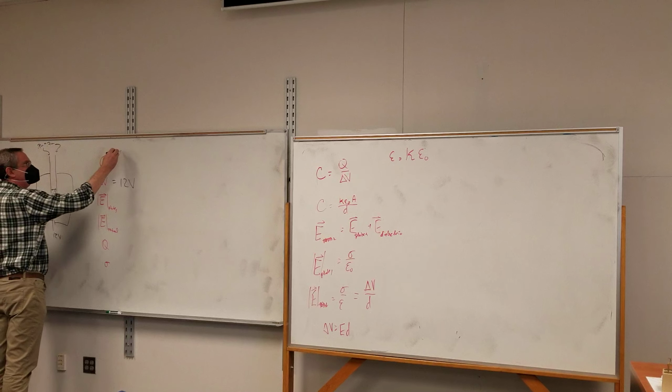So 1 times 8.85 times 10 to the negative 12 times my area, which is 0.49, divided by the distance, which is 0.002. What do we get? This is around 2.5 times 10 to the negative 9.